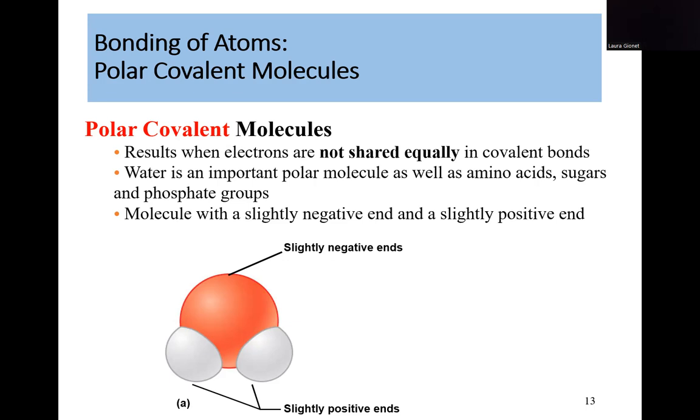But this kind of unequal sharing is repeated in a lot of the organic molecules we find in our body. And it makes sense, because if water is polar covalently bonded, then we would expect most molecules, not all of them, but most molecules in the body to either be polar covalently bonded or have some kind of charge associated with them. So keep that in mind going forward.